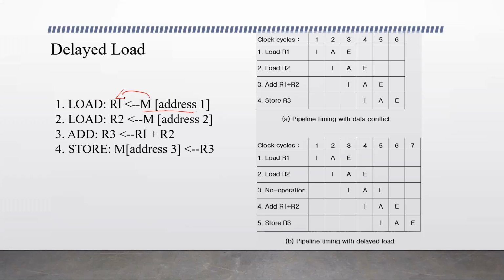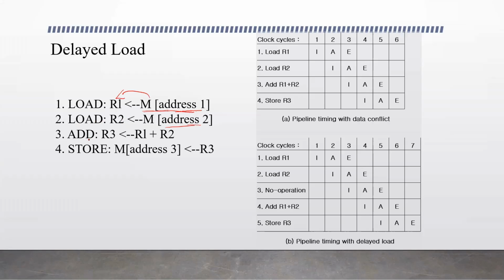This transfers the data from the memory location at the given address 1 to register R1. And the second instruction is load R2 with the memory content at address 2. This is loaded into R2 when this instruction is executed.